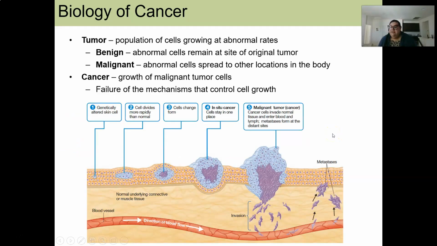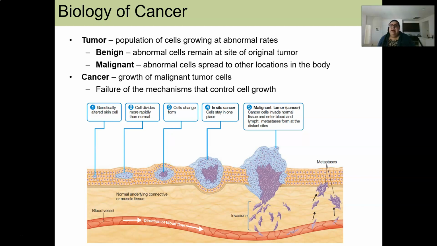So, biology of cancer. Let's define a few terms. What is a tumor? A tumor is a population of cells growing at abnormal rates. So, a tumor is just some cells that grow abnormally.